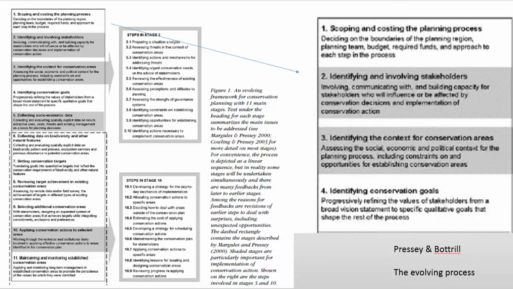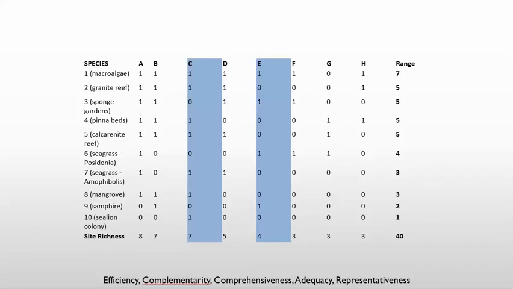It may be that the most efficient solution requires getting site C and E, but it might be that site C is an absolute non-starter from the perspective of the local communities, that there are some other, non-conservation values that make that prohibitive from putting into the conservation portfolio, and so therefore maybe doing C and B would be the better solution, or C, B, and G.